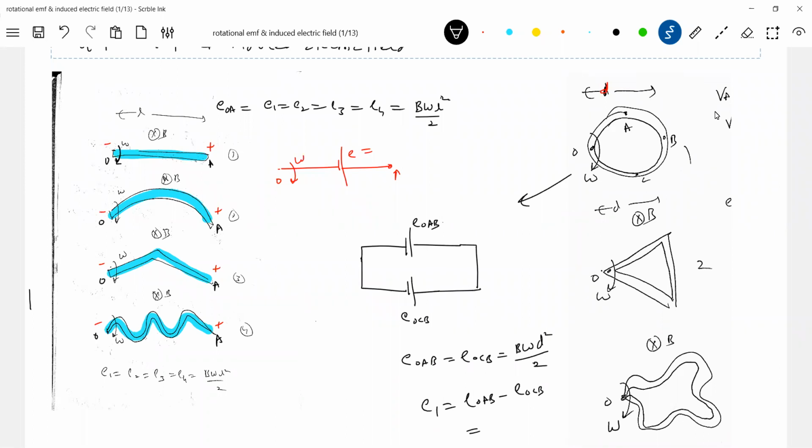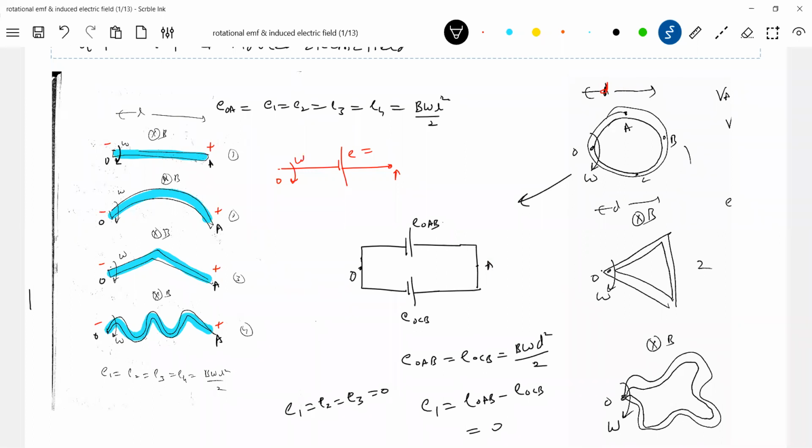Because when you go around and trace the loop, plus EOAB minus EOCB equals 0. Therefore the EMF induced will be 0. A similar method you can apply here also. So what is the EMF induced in all the loops? The net EMF induced will be 0.